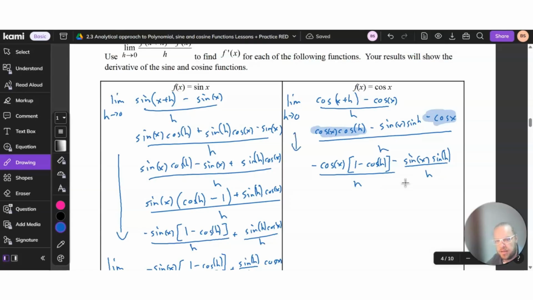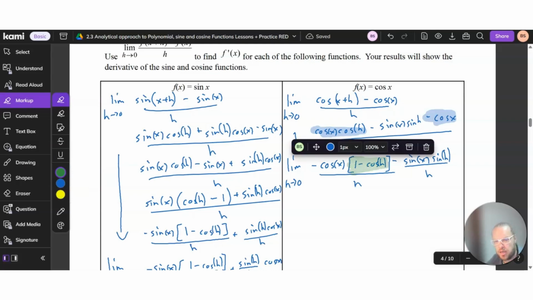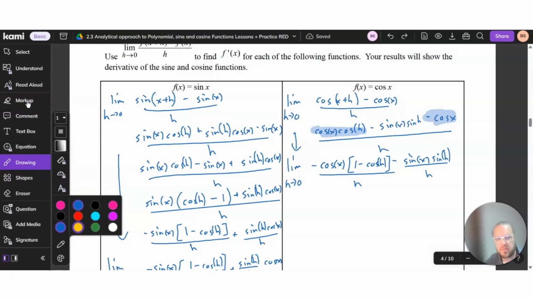And remember again that this is the limit as h approaches 0. Actually, no, we'll rewrite it one more time.